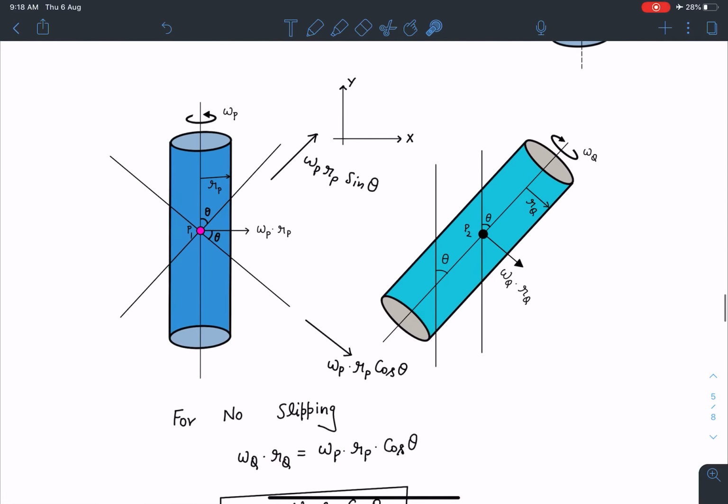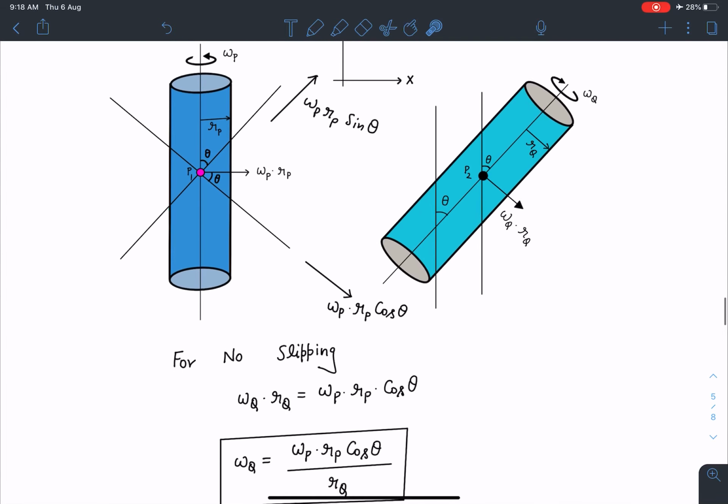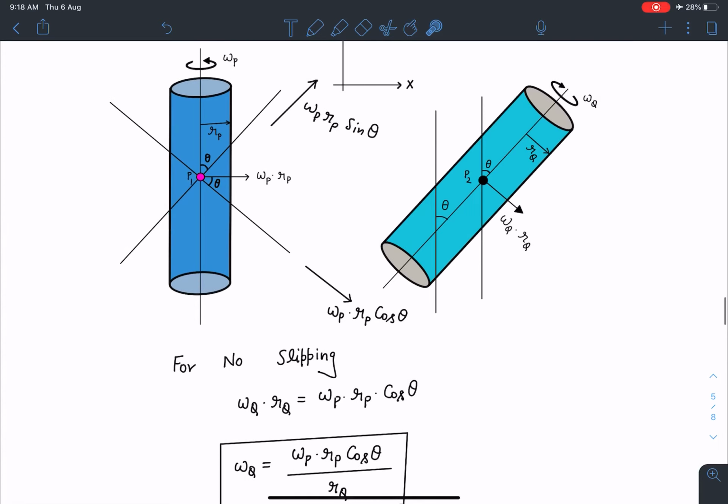As you can see here, this first cylinder is rotating with omega p. So the point on the surface will have a velocity of omega p RP. That's very simple. I am applying v equals omega cross r. Similarly, it is given that in steady state, this cylinder Q reaches an angular velocity of omega q.